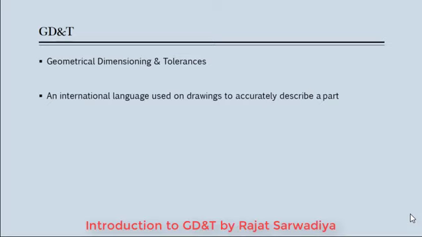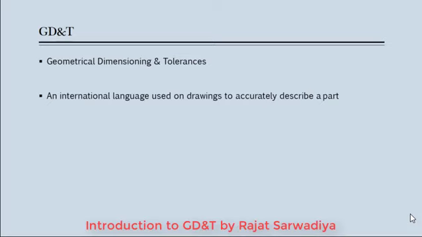It is an international language used on drawings to accurately describe a part. As we discussed, it is a language of communication, just to transmit the information, just to convey the message.